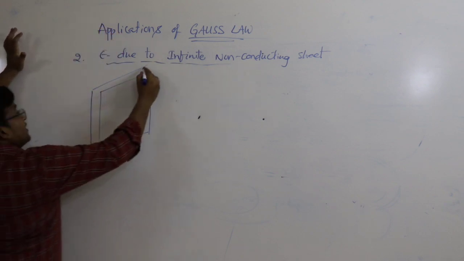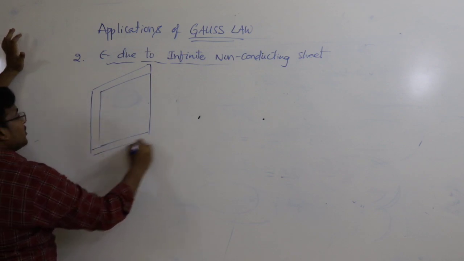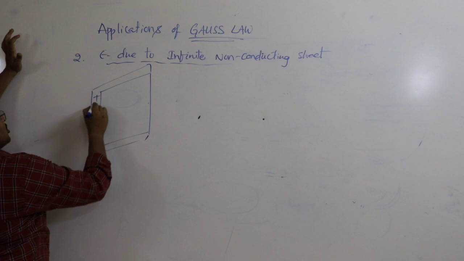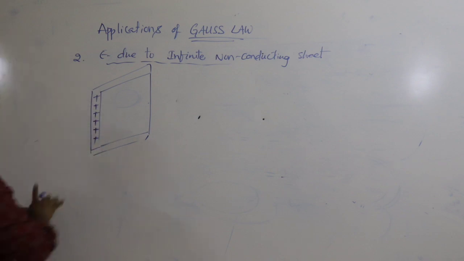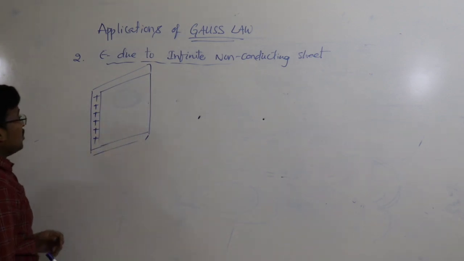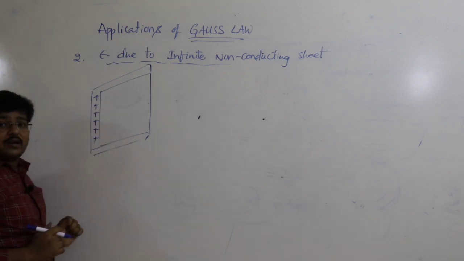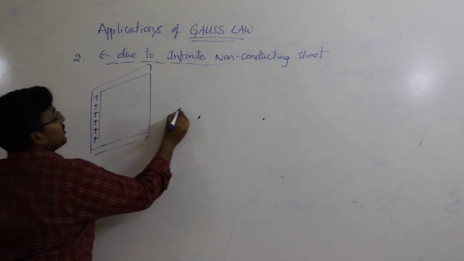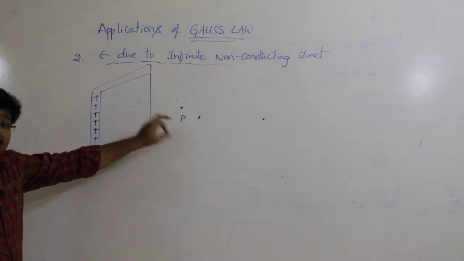So when you give the charge, it is present inside the material, not on the surface. Now, due to this sheet, I would like to find the field at the point P.